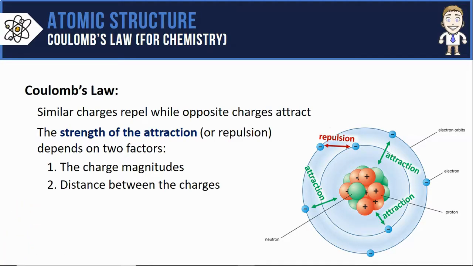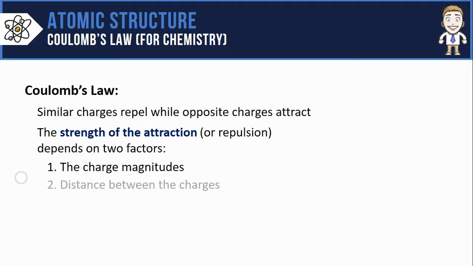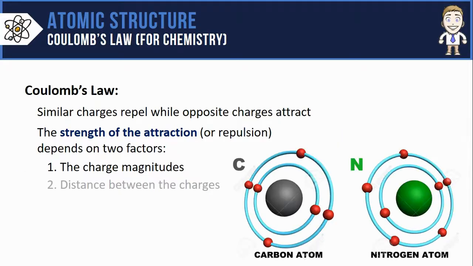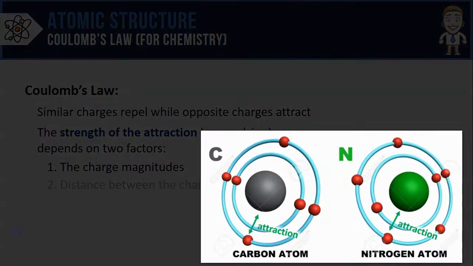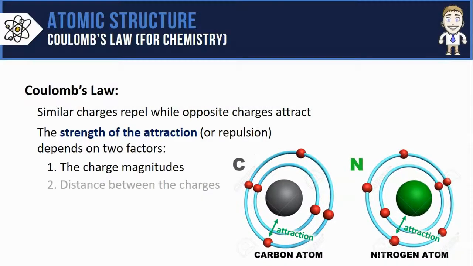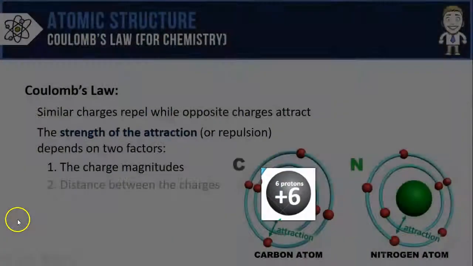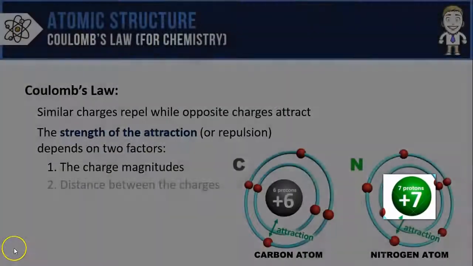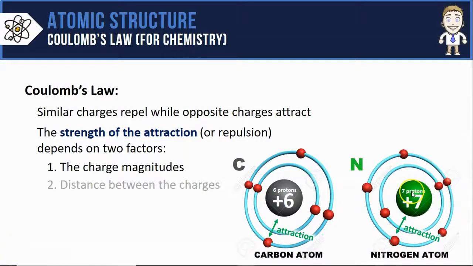Let's focus just on the charge magnitude part of this and see how it works by comparing a carbon atom to a nitrogen atom. In both atoms, there's an attraction between the electrons and the positive nucleus. In carbon, however, the nuclear charge is +6, whereas in nitrogen, it's a +7. So we can see that nitrogen's nucleus is more positive.